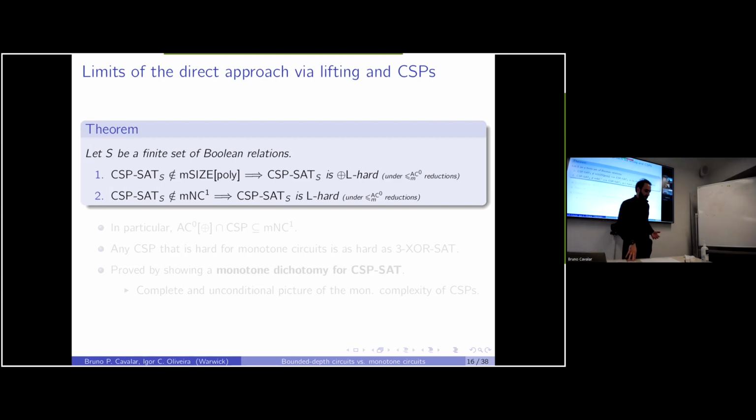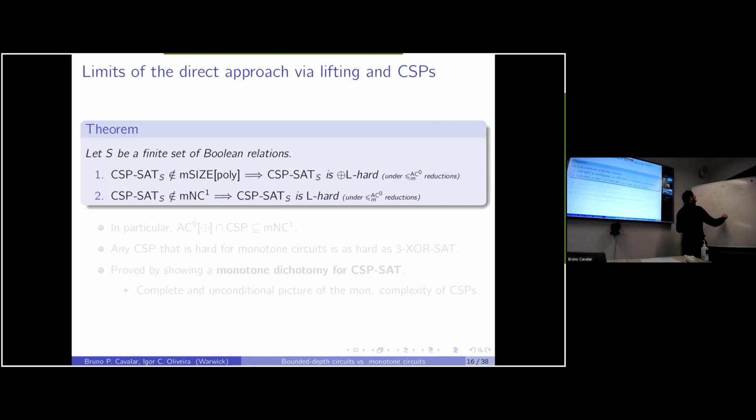I just drew some hierarchy here to help those who are not so familiar. You have AC0 here at the bottom, right?